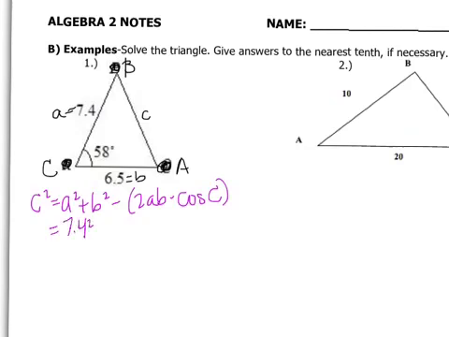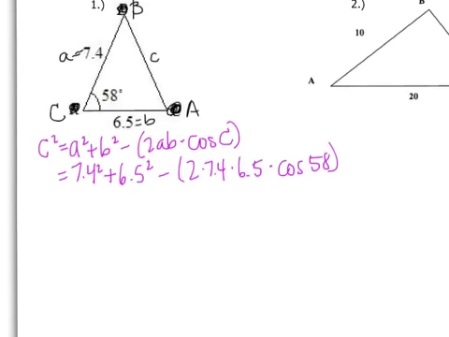So 7.4 squared plus 6.5 squared minus 2 times 7.4 times 6.5 times the cosine of 58 degrees. Oh, I love when we're just looking for a side length on these, because I can basically put all of that in my calculator and then take the square root of the very last answer.